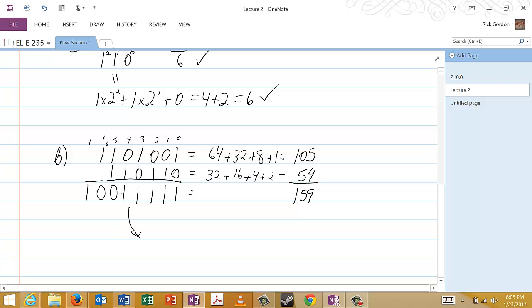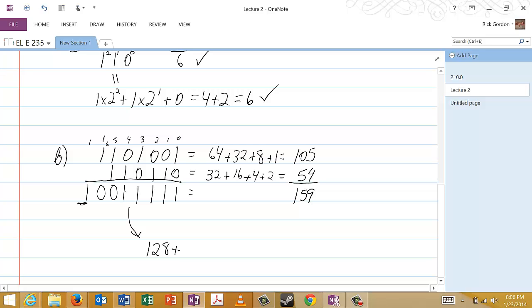Okay. Well, if we look at the positions in this number, we see that the first one is 1 times 2 to the 7th. And 2 to the 7th is 128. So this first one right here, the one over on the extreme left side, that's 128. Then we don't have any in the 6 column. We don't have any in the 5 column. But in the 4 column, we do have a 1.